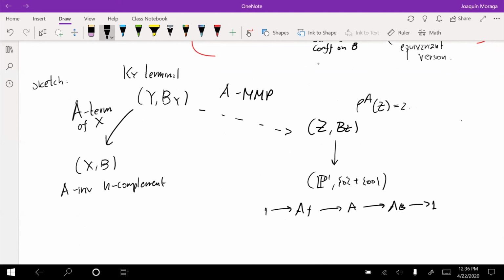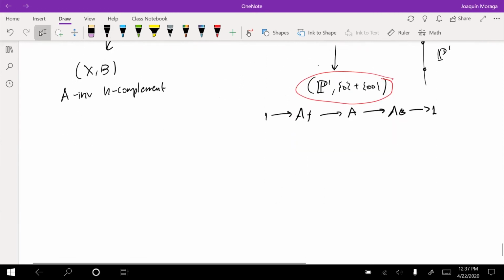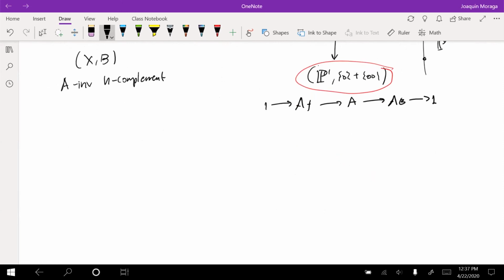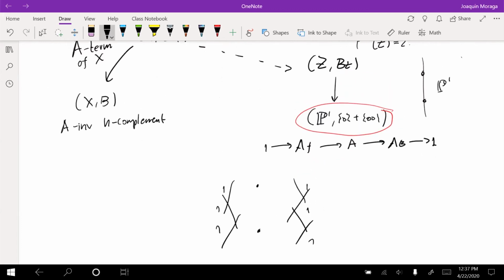So the action on the base will tell you that the outcome will be something like P^1 with 2 reduced points. And the action on the general fiber will tell you that the general fiber will look like P^1 with 2 reduced points. So somehow we're in good shape because after recompactifying, we can show that the picture should look like this. So you have some fibers with coefficients 1 all around. And then in the general fiber, you have 2 coefficients 1.